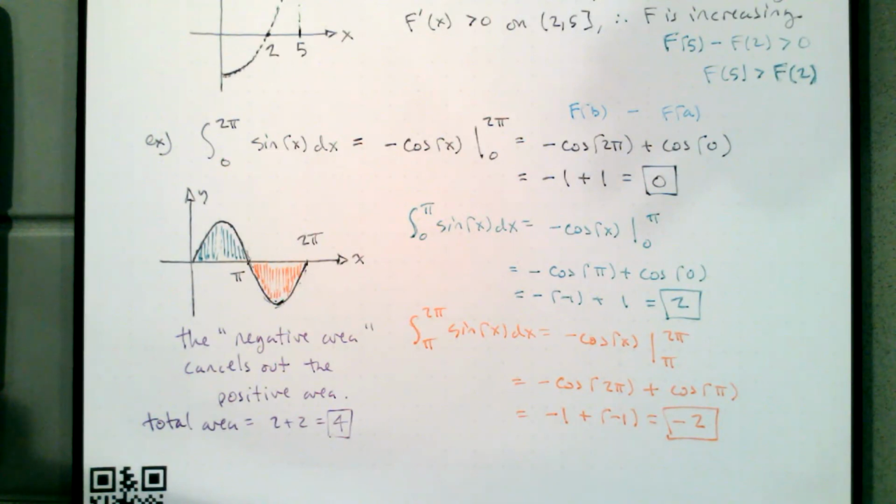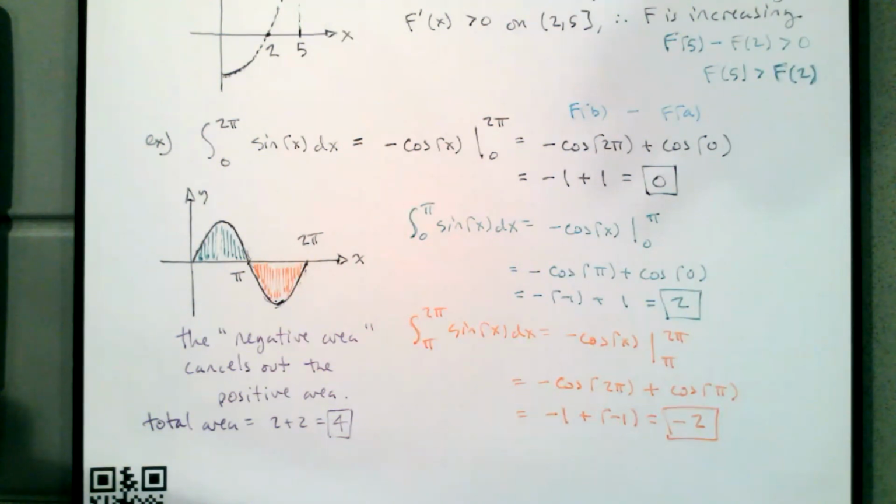So we can combine what we know about area with what we had learned previously about the sign of the derivative telling us about the direction of the function. And then there's this whole antiderivative business that we have to sort out because we know very little about finding antiderivatives.